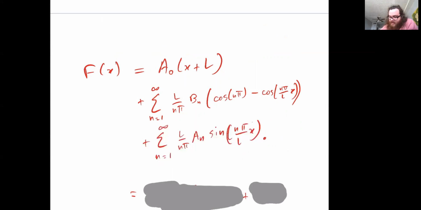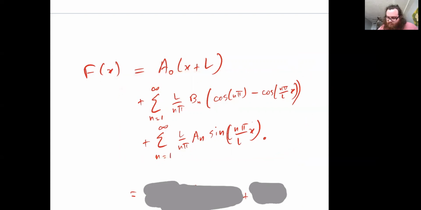Likewise, there's not much to do with the a sub n, but okay. So this is F of x. This isn't quite a Fourier series, in part because this polynomial right here isn't a trigonometric function. But in a sense, the rest of the stuff is.